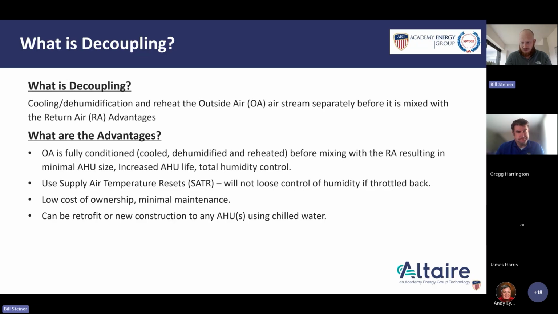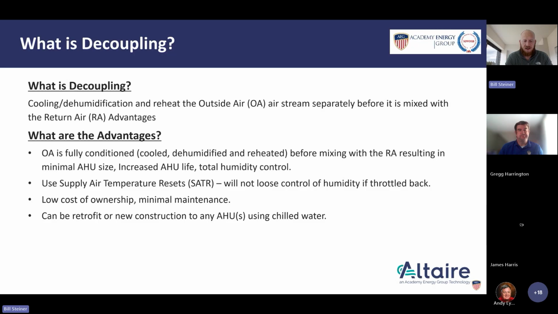Again, because it's a simple system, it's a really low cost of ownership. When you compare initial costs as well as life cycle cost analysis, desiccant systems with a subcooling system using chilled water, it's much more advantageous in the long run from an O&M standpoint to go with the simpler system, right?